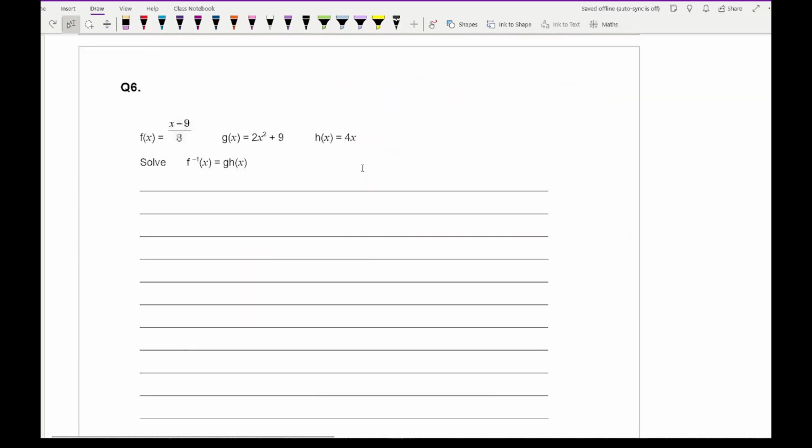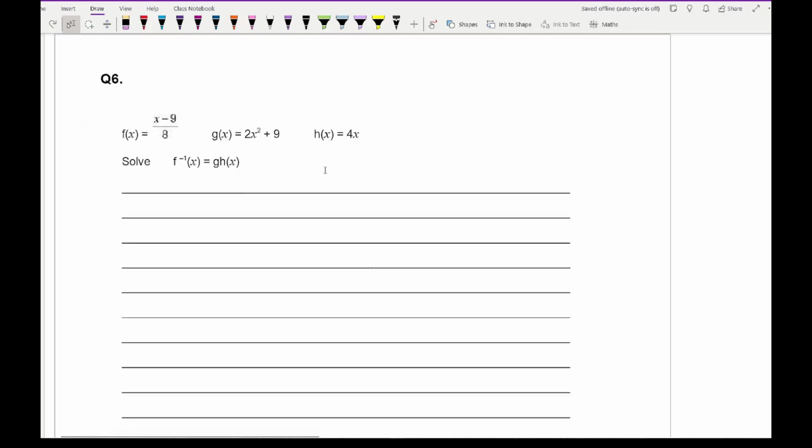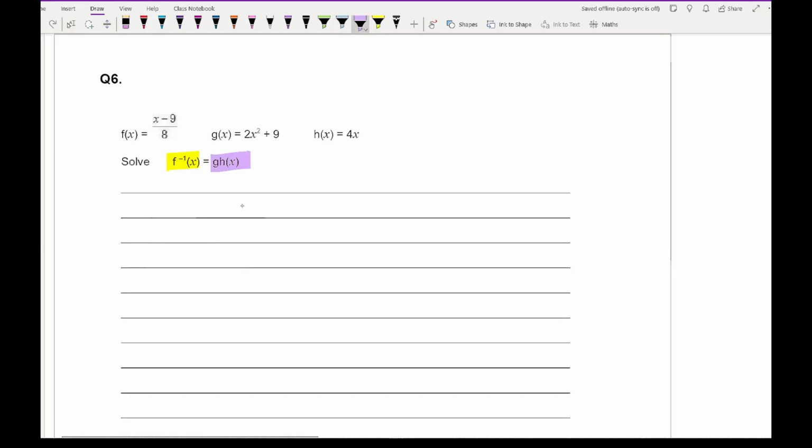Moving on to question 6, it says f of x is equal to x minus 9 over 8, and g of x is equal to 2x squared plus 9, and h of x is equal to 4x. And the question is asking us to solve the inverse of f of x equals gh of x. So what I need to do is work out each of these two components. Now starting with the inverse function of f.